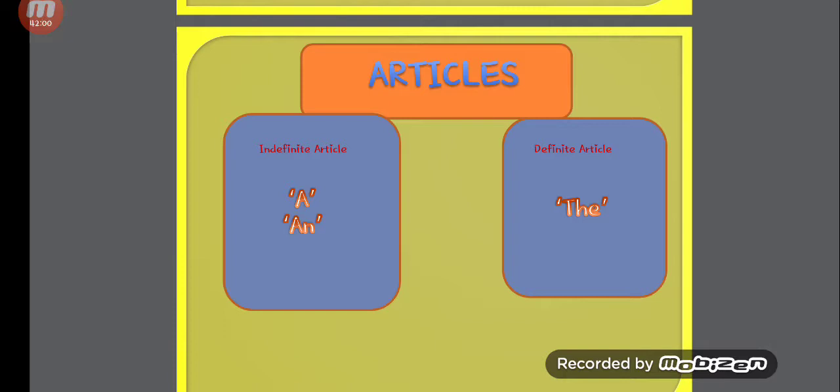The definite article is used before the names of seas, rivers, mountains, or countries. The Yamuna, the Ganga, the Persian Gulf. The lily is the sweetest of all the flowers.